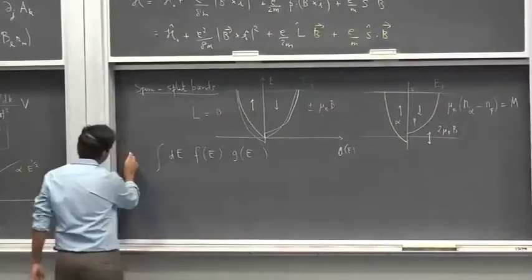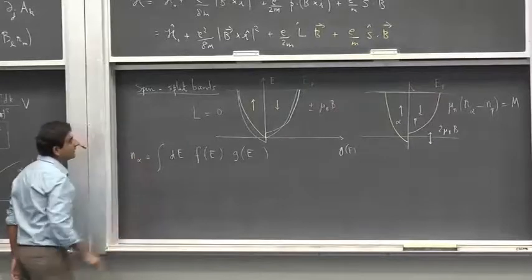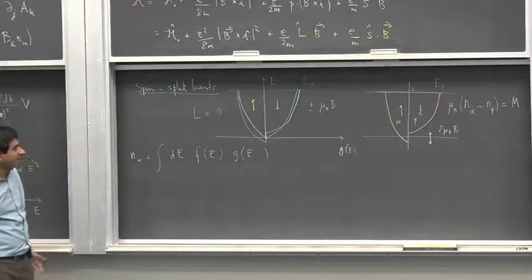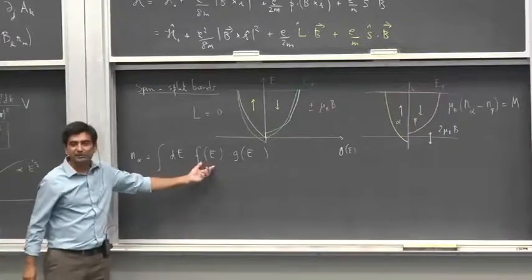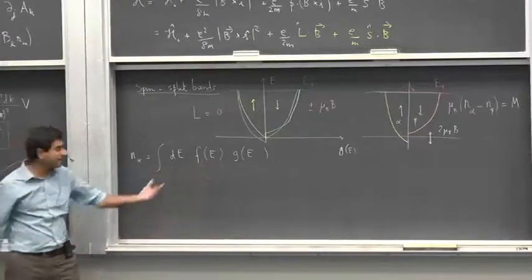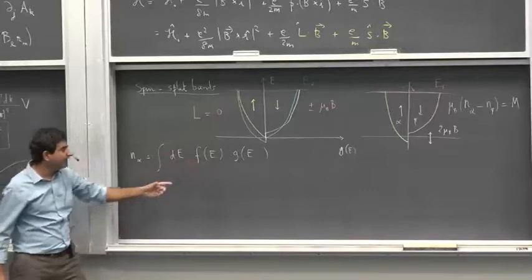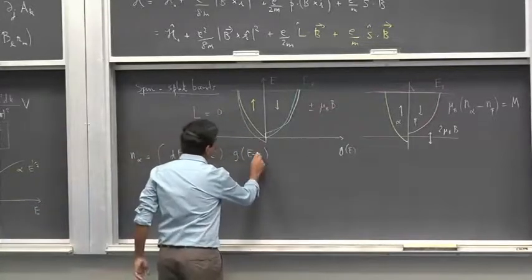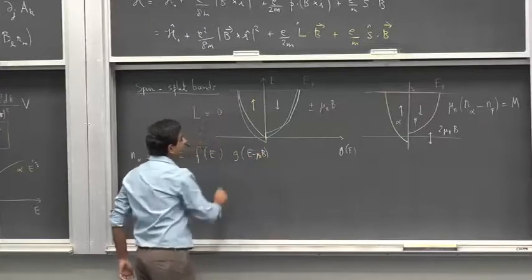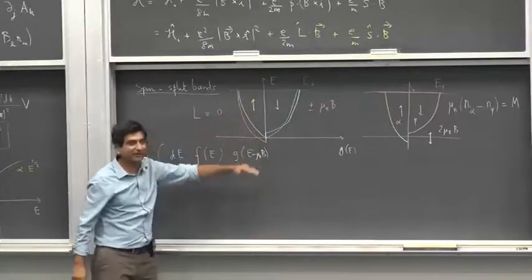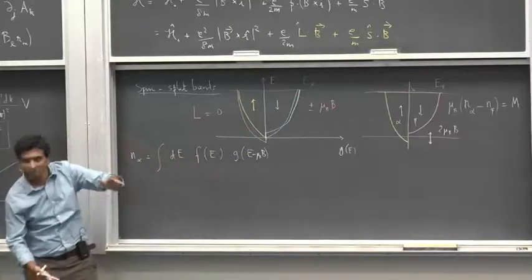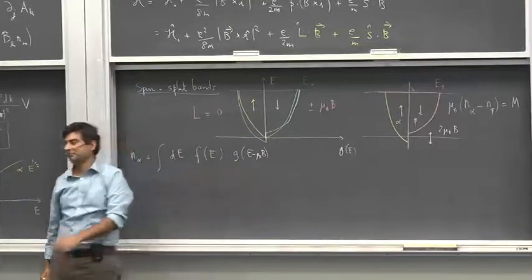So n alpha, the number of electrons per unit volume of kind alpha, is given by integral of Fe, which is the Fermi-Dirac probability density function, dE, G. Now each electron's energy is lowered, so this is E minus mu B B. You find out the whole band is shifted. So the density of states curve is shifted downward by mu B B.